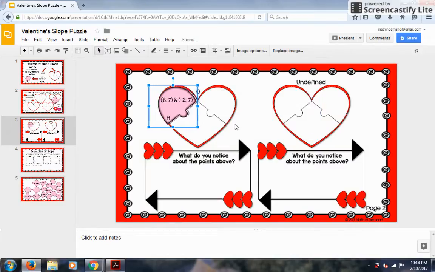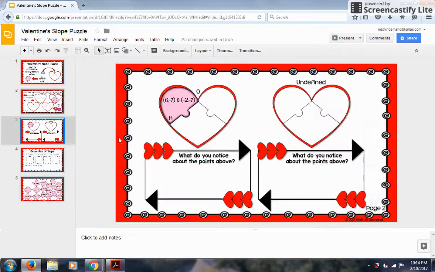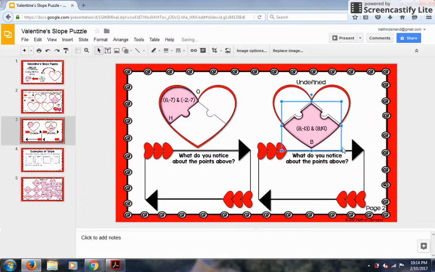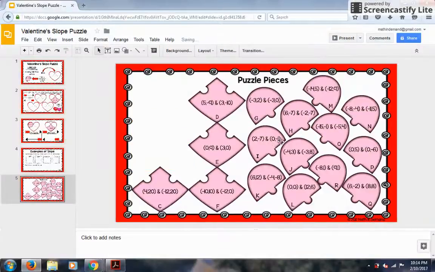So when students are doing this activity, they are going to place their heart and all the puzzle pieces together. Let's see, where's my other one? Let's do this one. So they're just going to keep going. And I also did this one.